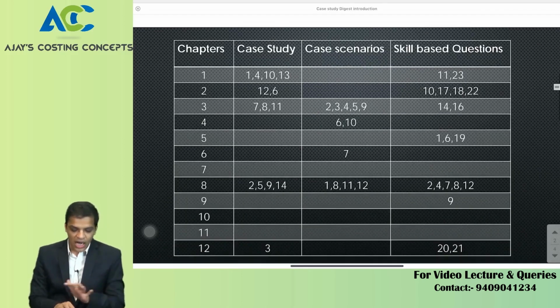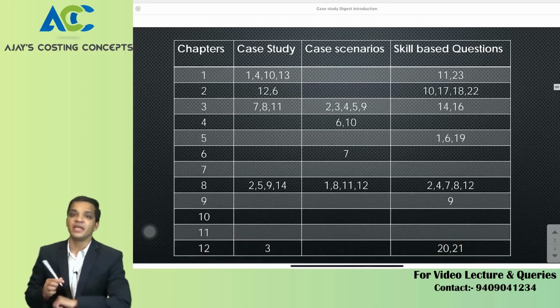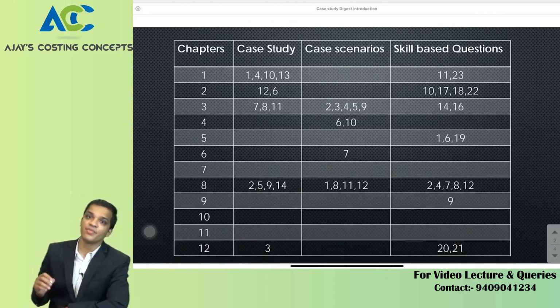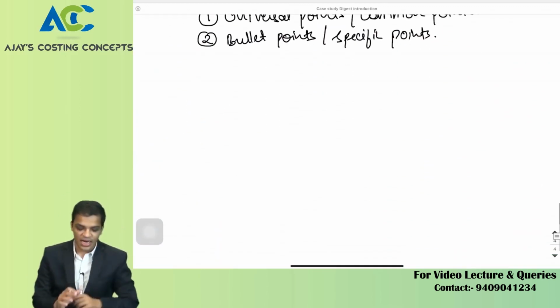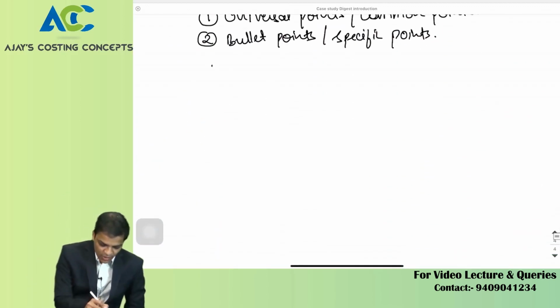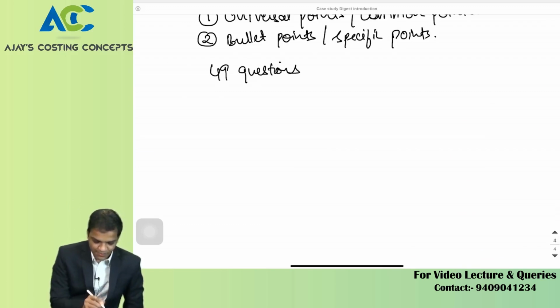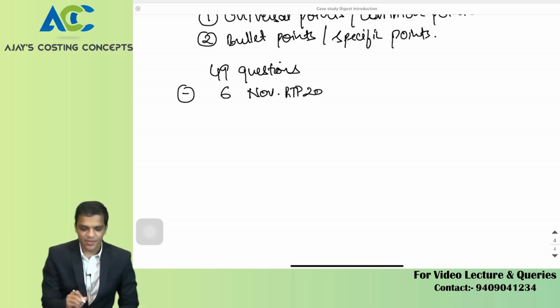Now, how we shall be dealing with these 49 questions, understand that, it is very important when it comes to attending the class and understanding how we will be solving this. Out of these 49 questions, as we have analyzed, there are 6 questions from the November RTP, the RTP of the November attempt.